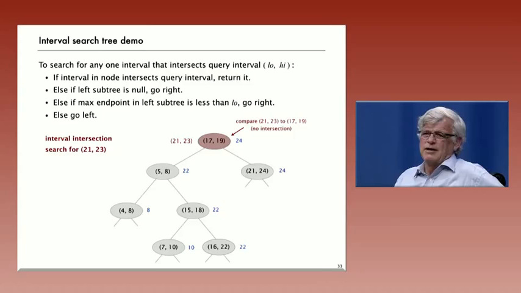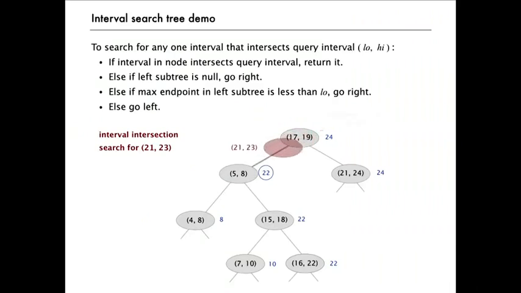We're going to compare the left subtree, and 22 falls within our interval, it's not less than ours, so there might be an intersection there, so we better go to the left. So we do go to the left. Now we compare against 5, 8, and there's no intersection. So now we're going to go left or right. Well, we're going to go to the right because the max endpoint in the left subtree is 8, and our interval starts at 21, so no intersection on the left, so we're going to go right.